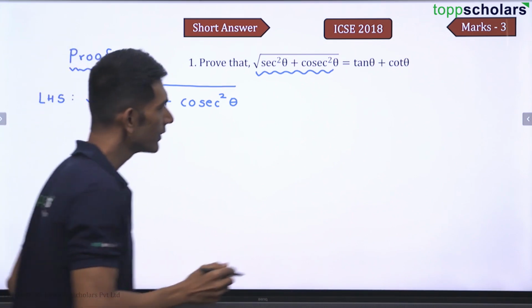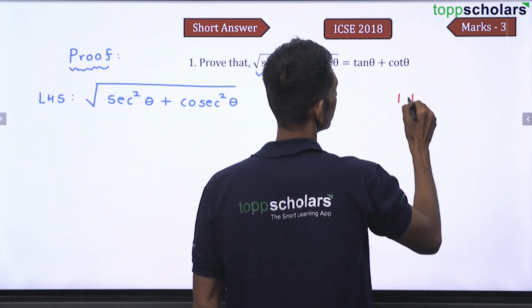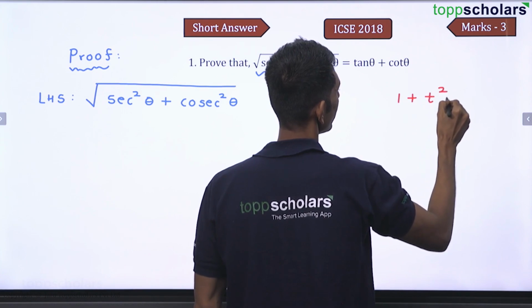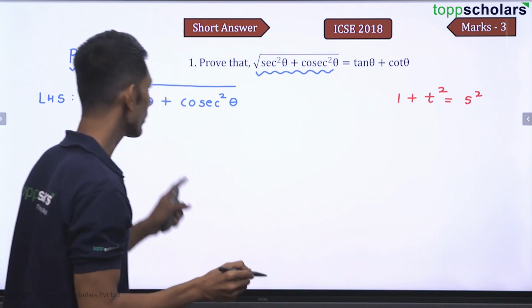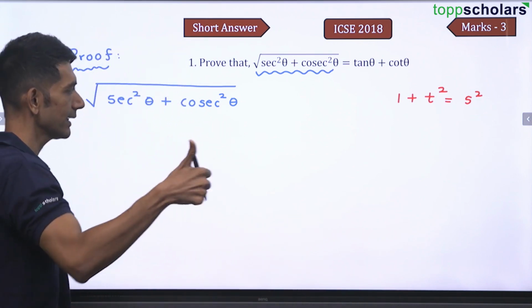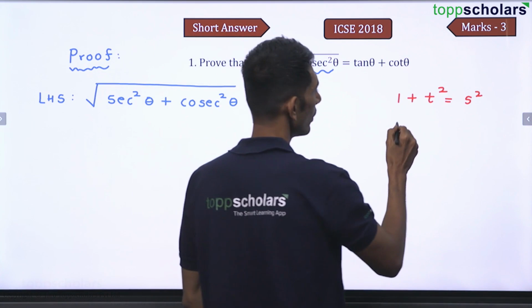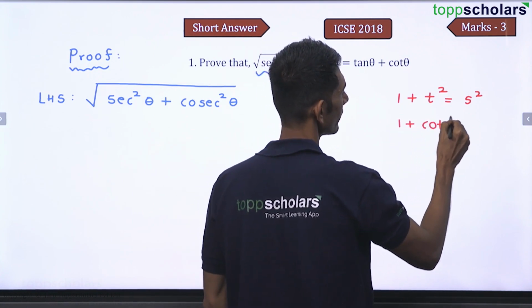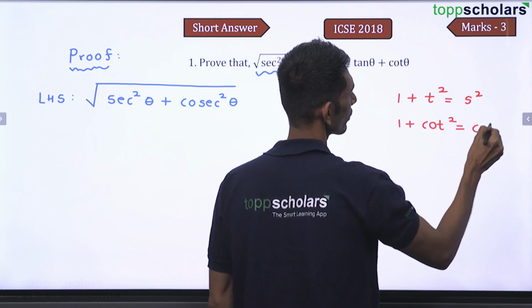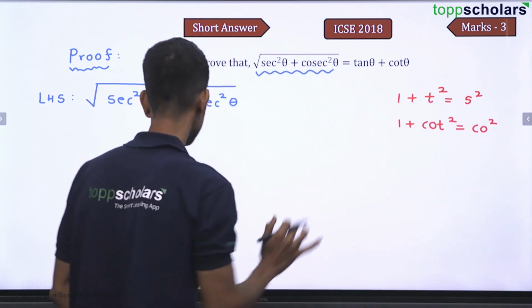Now we know that 1 plus tan square theta is sec square theta. So instead of sec square theta, can I write down 1 plus tan square theta? Yes. We know that 1 plus cot square theta is equal to cosec square theta. Just understand this.